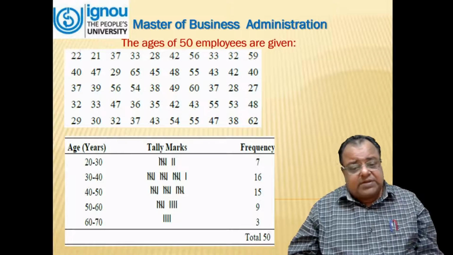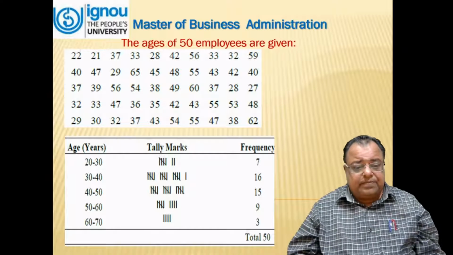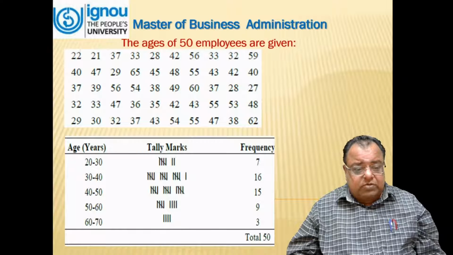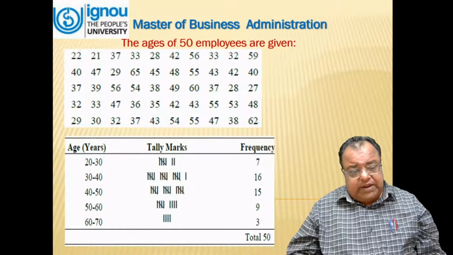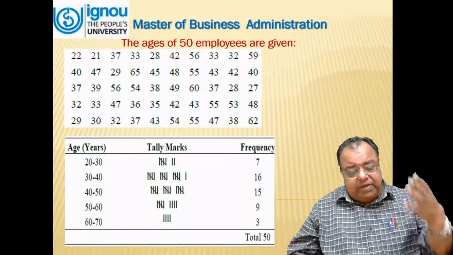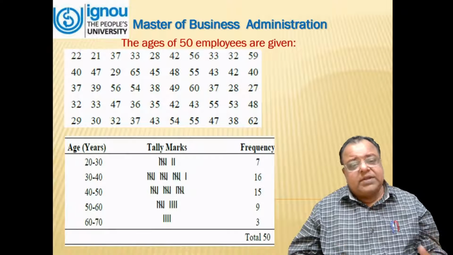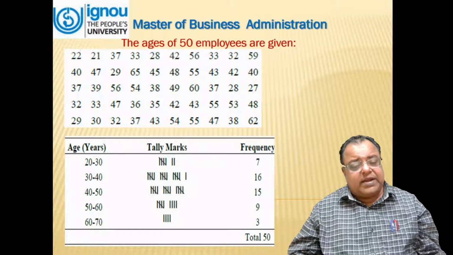These are tally marks, and they are clubbed up. So we get 5 plus 2, 7 for the age group of 20 to 30. For 30 to 40, we get 16. For 40 to 50, we get 15. For 50 to 60, we get 9. And for the last one, 60 to 70, we get 3. When we sum it up, it is a total of 50. That means all information has been collected correctly.